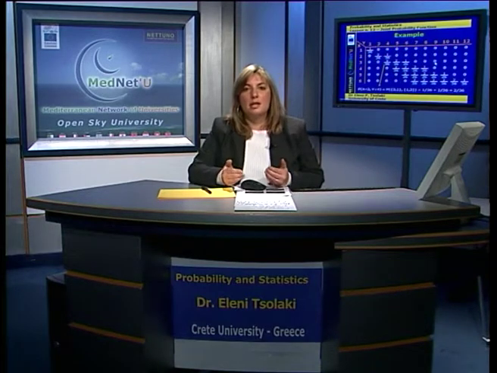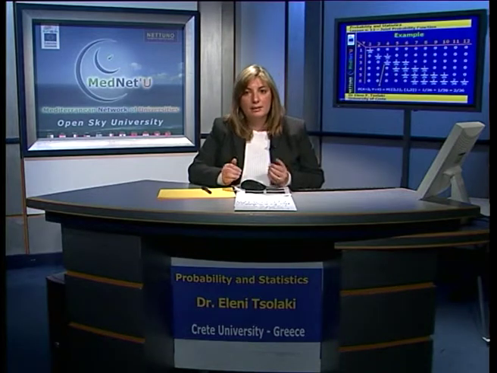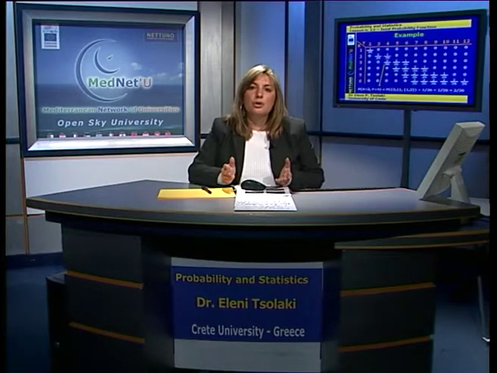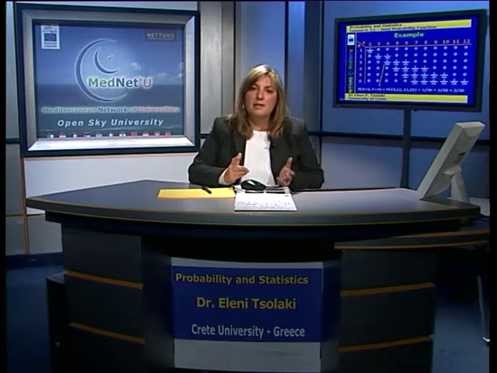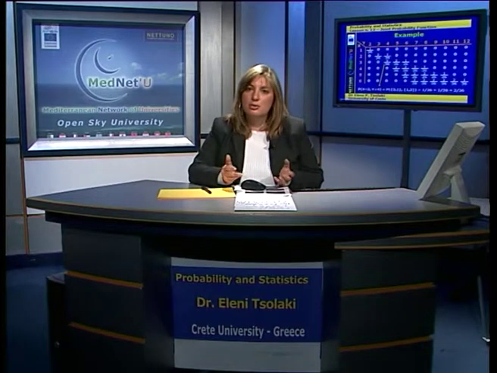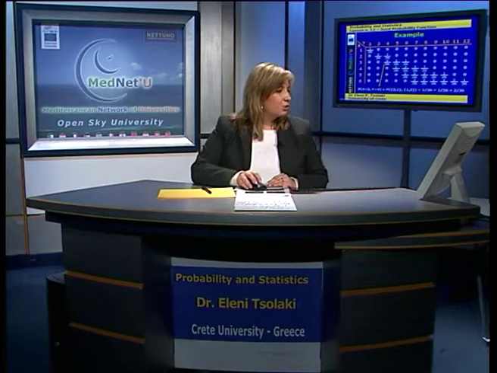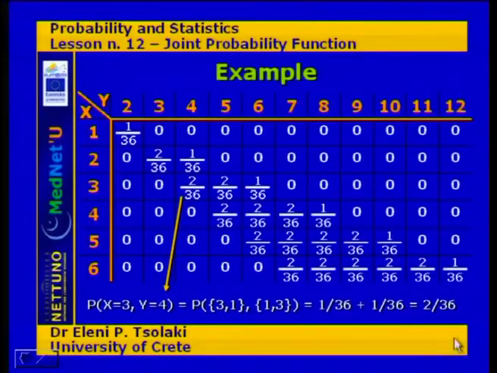But this is impossible, as we said that the maximum that we have observed is 3. X gives us the maximum. So we know that the probability of these 2 things happening together is 0. These 2 things cannot happen at the same time.